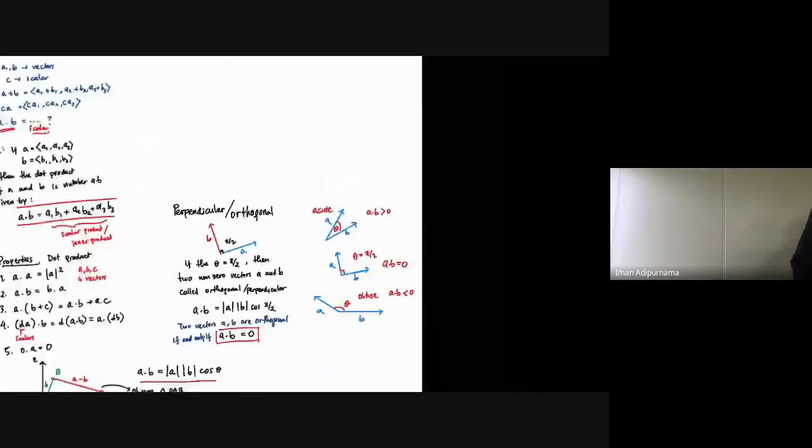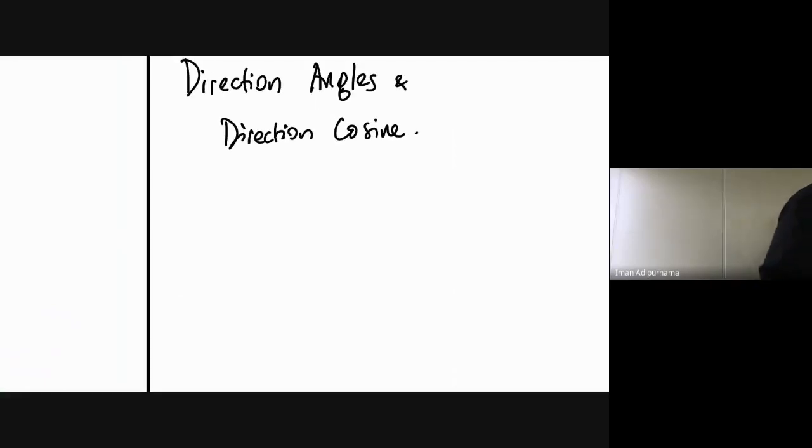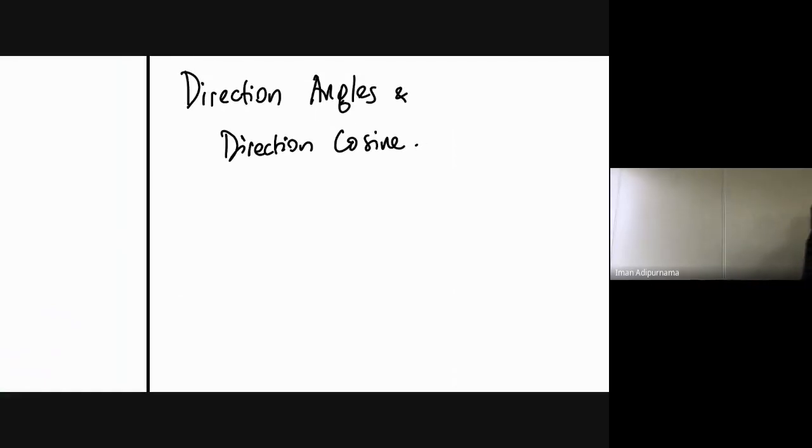Okay, now let me move to the next section. The next section will be about the direction angles and direction cosines. To explain these terms, we need to draw the three-dimensional space.